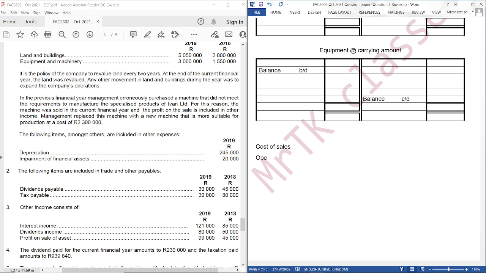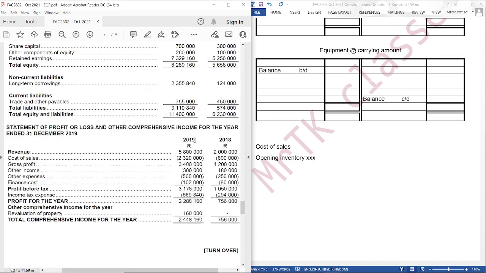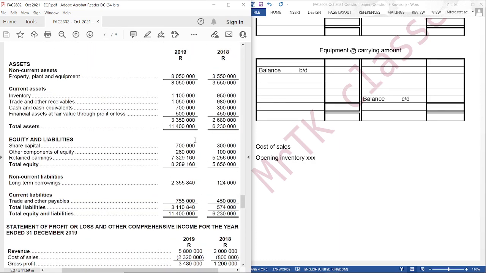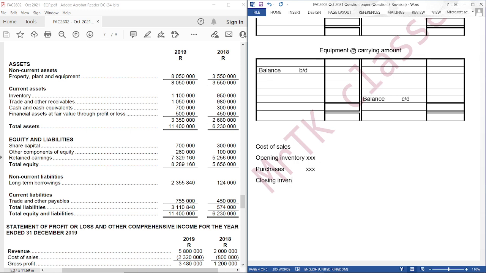Opening inventory, right? I can see we are given that amount. But for now, we are going to ignore these amounts. Closing inventory, sorry, we are going to add purchases. Right, then we subtract closing inventory.